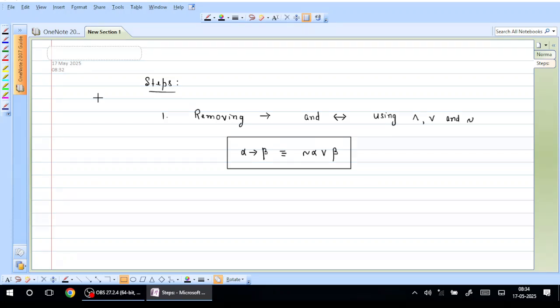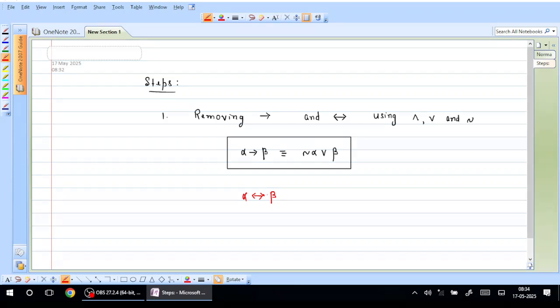And next, suppose I have a biconditional. So if I have an expression like this, alpha if and only if beta, we have a biconditional. Then we have two expressions, one for CNF conversion and one for DNF conversion, right?